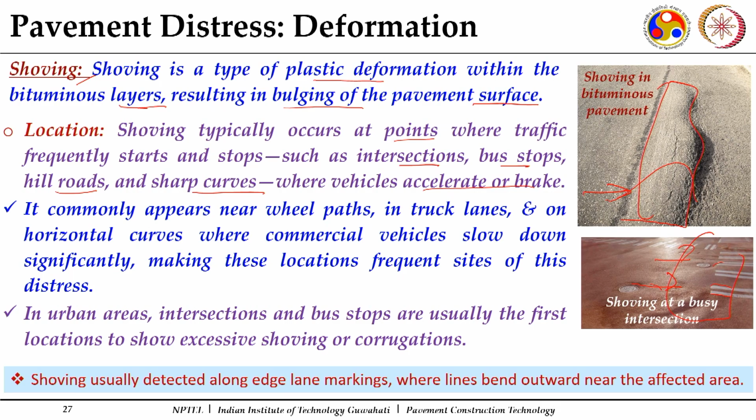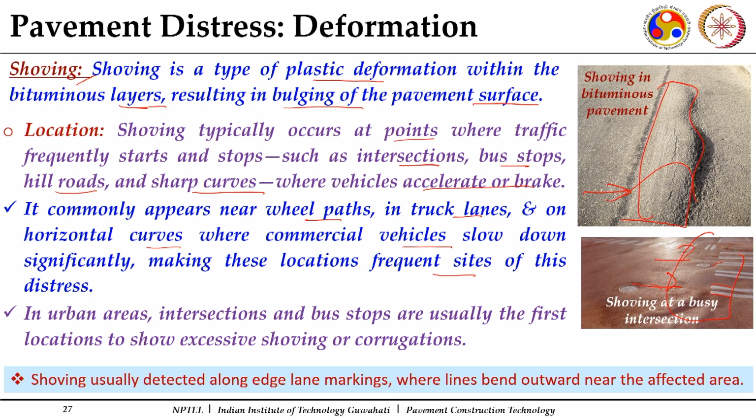This kind of bulging can be there in bituminous mixes, and they mainly occur along the edges. The mix gets pushed towards the edges. It commonly appears near wheel paths in truck lanes or on horizontal curves where commercial vehicles slow down significantly, making these locations frequent sites of shoving distress.